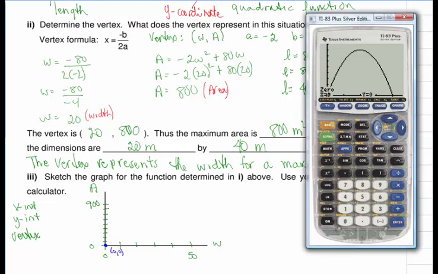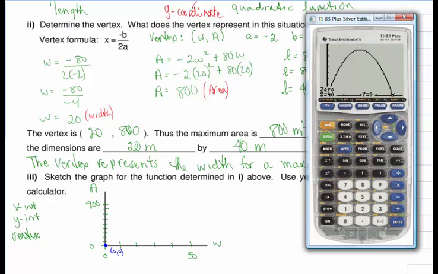And now I'm going to go take a look and find my second x-intercept. So I'm going to bring the cursor over to the other side of the vertex. Okay, here's my left bound. Go below the x-axis, here's my right bound, and enter.